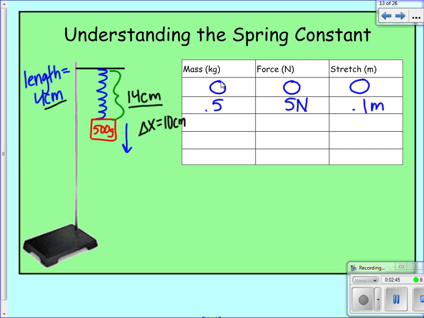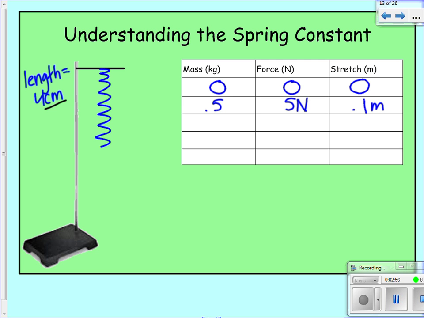All right, let's keep going. Now let's say we take our spring and we add to it not 500 grams, but now we add 1,000 grams. So the spring would stretch even more, and now we have 1,000 grams. In terms of kilograms, that would be 1 kilogram added to the spring. 1 kilogram times 10 meters per second squared gives us a force of gravity of 10 newtons.